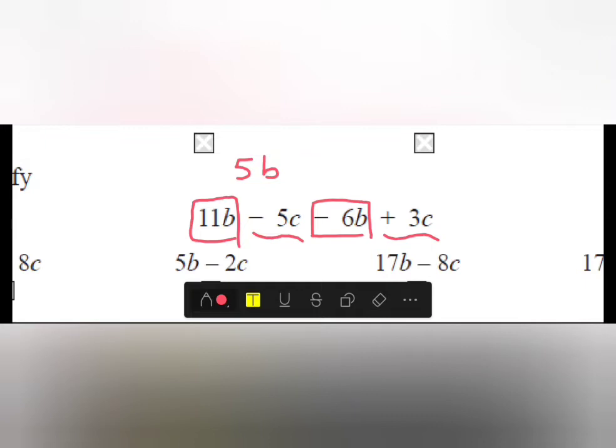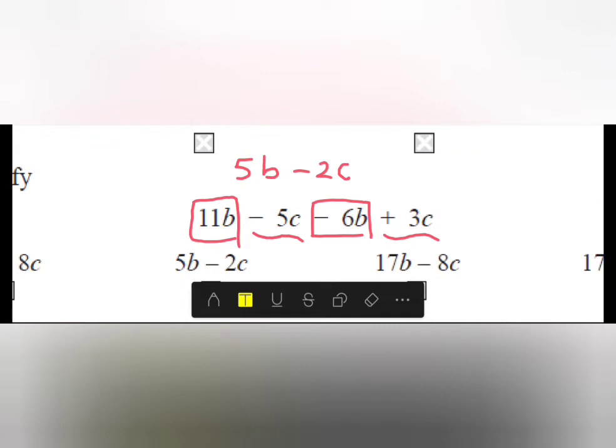So when we have different signs, we take the sign of the bigger number, and then we subtract the numbers without looking at the signs again. So the sign of the bigger number is negative here, because 5 is the bigger number. So we put negative here. And 5 minus 3 equals what? Very good, 2. So the answer will be 5b minus 2c.